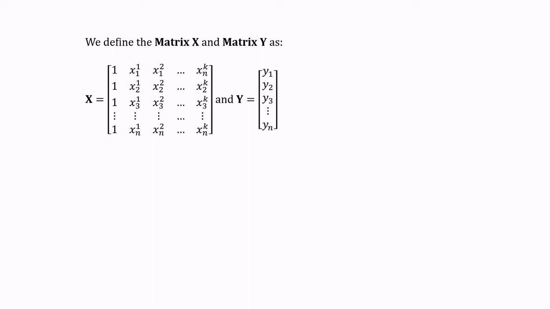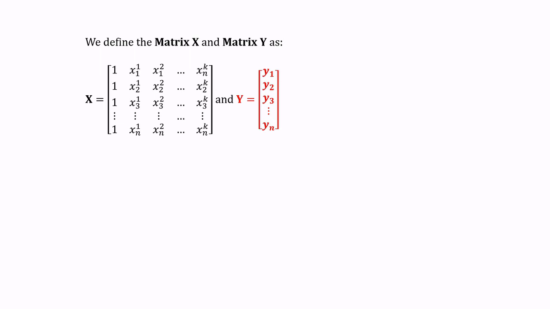The number of rows of matrix X and matrix Y is equal to the number of measurement data points, n. However, the number of columns of matrix X is equal to the number of polynomial parameters. Note also that matrix Y only has one column. Intuitively, matrix Y is the list of measured quantities obtained from the measurement data.